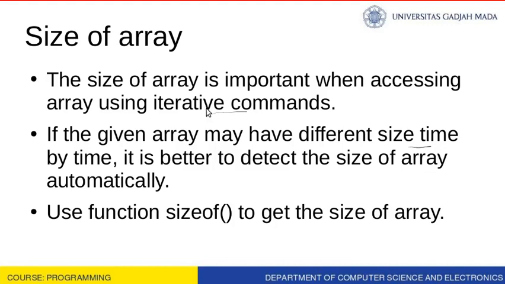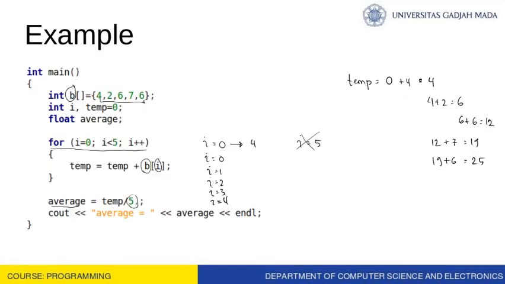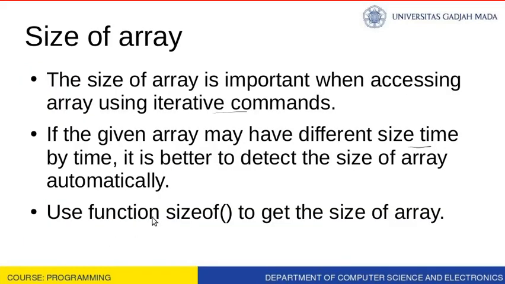Sometimes it is 10, sometimes 20, or sometimes 100 for the size. So we do not need to change the program, especially here, frequently when we change the number of data in the array, so we have to know the size of the array.